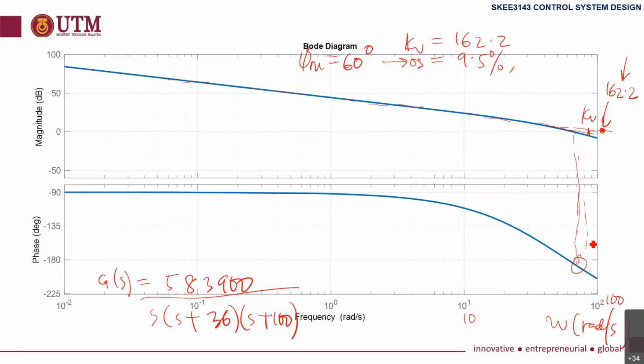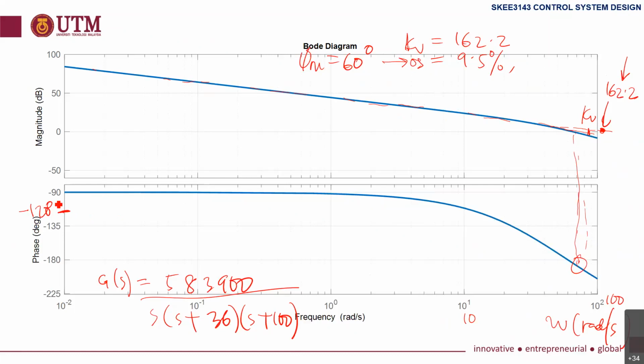How to get 60 degrees? 60 degrees phase margin means here at minus 120 degrees phase. I just show here 120. Right?